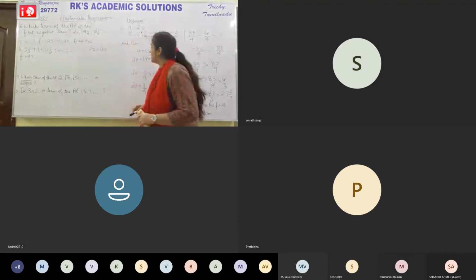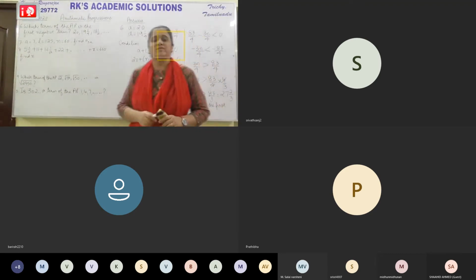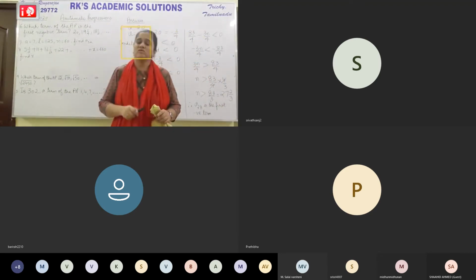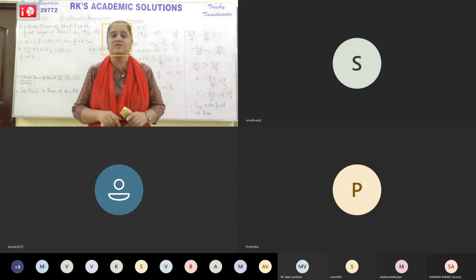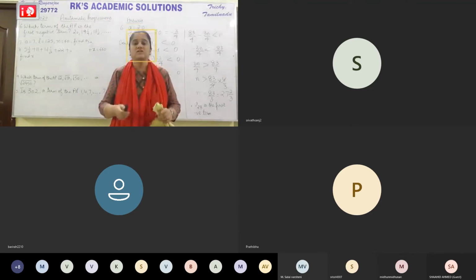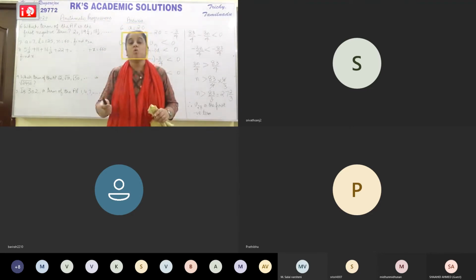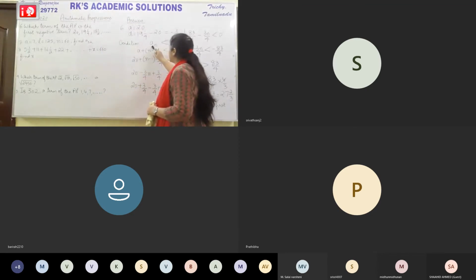So how do we express negative values? Values less than 0 are negative. So the condition is: which term an is less than 0?